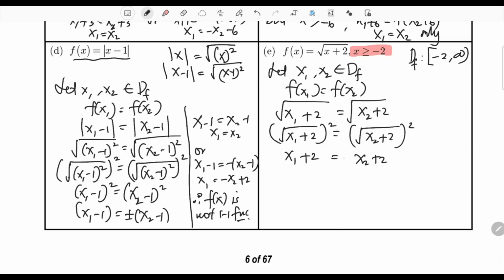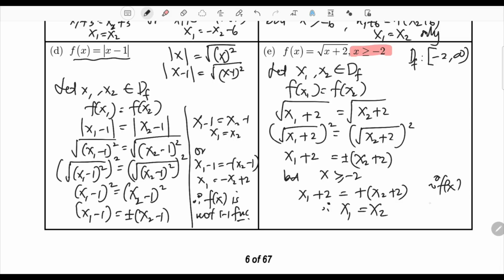So that should be a plus minus. But we know that x is greater than or equal to -2. So hence for x1 plus 2, we have the positive only. Okay, so we have x1 equal to x2. Hence, okay, f(x) here is a one-to-one function.